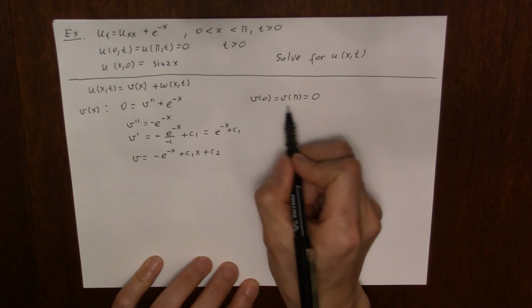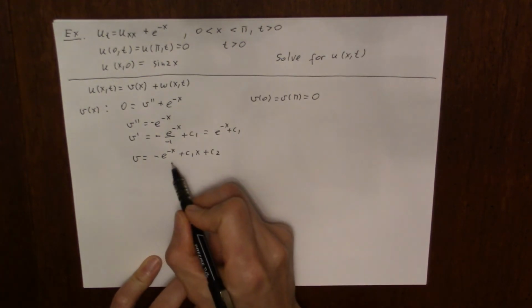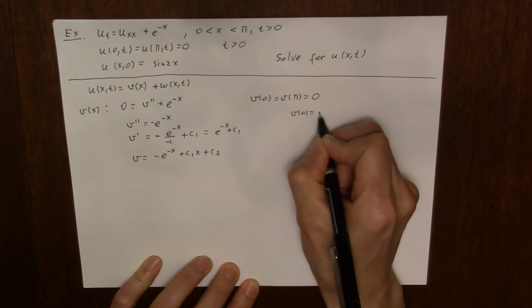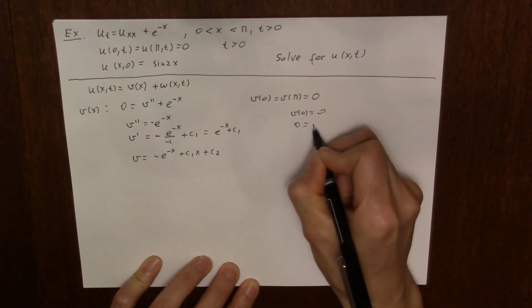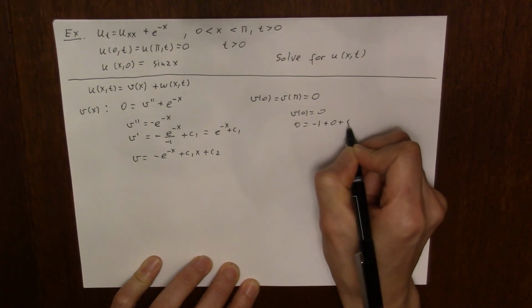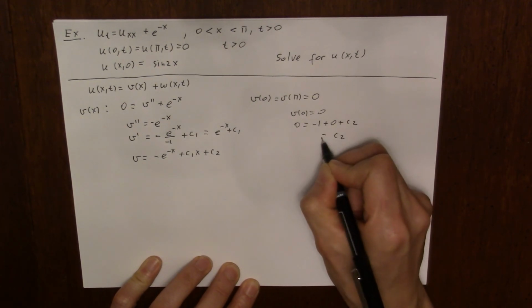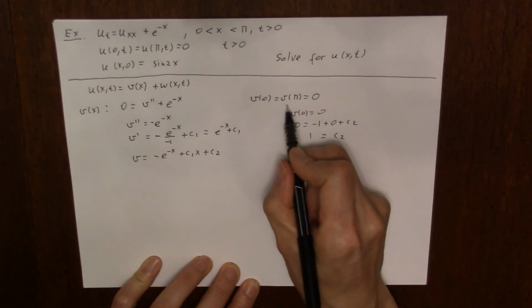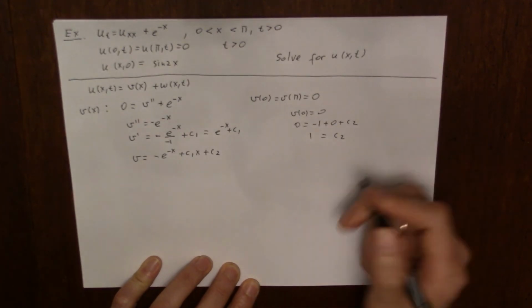Now we're going to use the boundary conditions on v to solve for c1 and c2. So v of 0 equals 0 implies 0 equals negative 1 plus 0 plus c2, so c2 equals 1. Now we're going to use the second condition, v of pi equals 0.